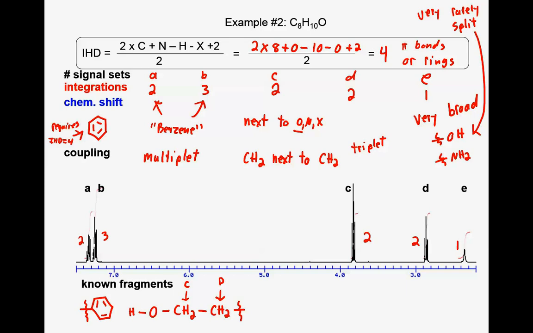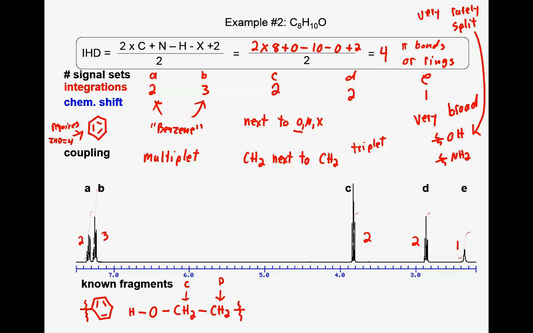So you might say, okay, this CH2 is next to 2 protons here, and also next to this proton here, so we would expect N to be 3, so N plus 1 to give a quartet. But because it's an OH proton, and it's just very bad at splitting, it actually doesn't show up in the spectrum.